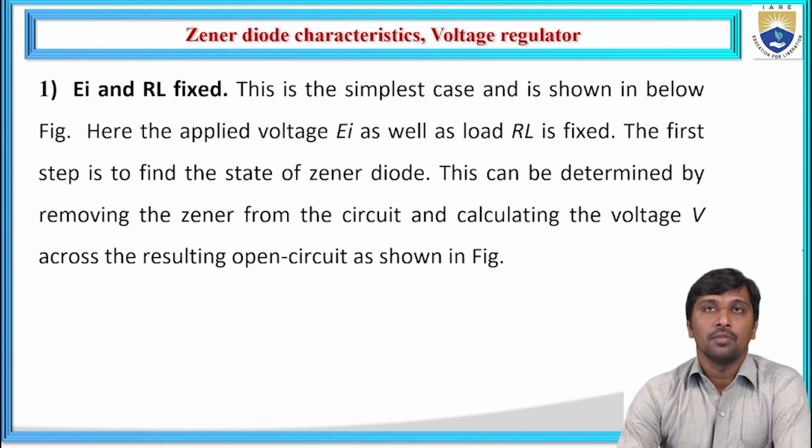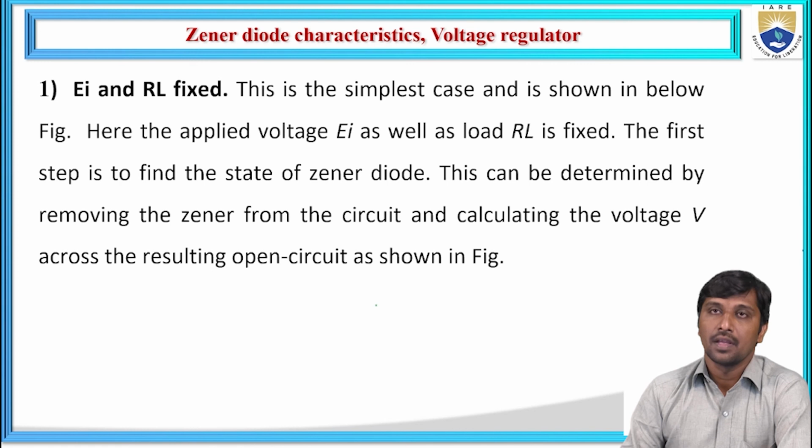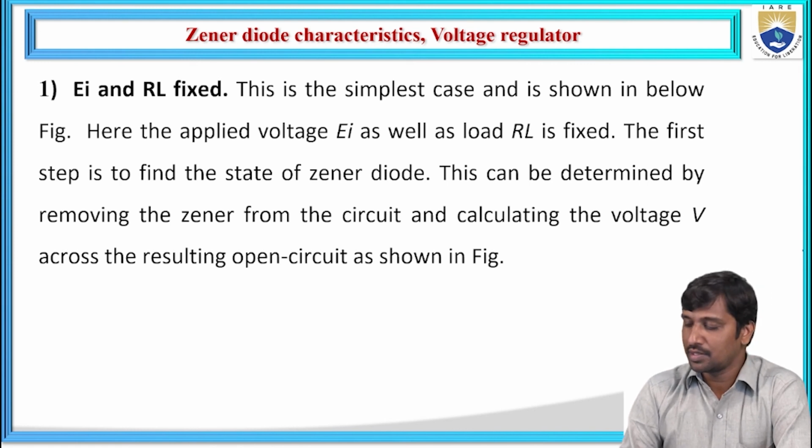At this point, the input voltage and the load resistance are fixed. Based on this condition, we find at which point the Zener diode is in the on state, and from there we calculate the output voltage across the Zener diode.